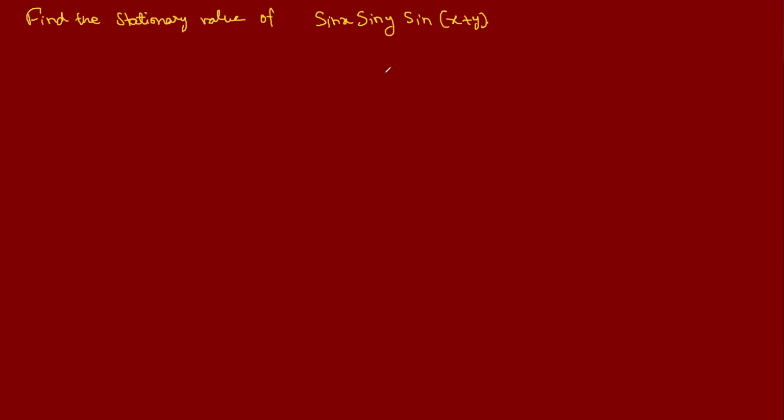Now we will explain this problem. Stationary value means extremal value, maximum or minimum. So first of all, let's suppose this is f.